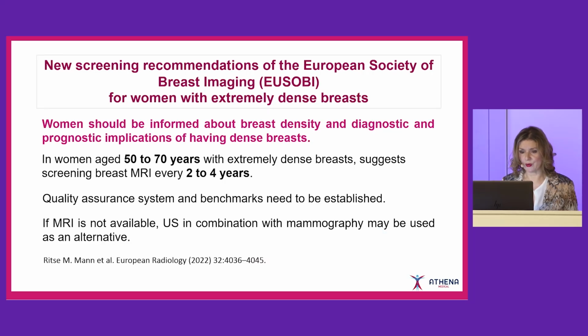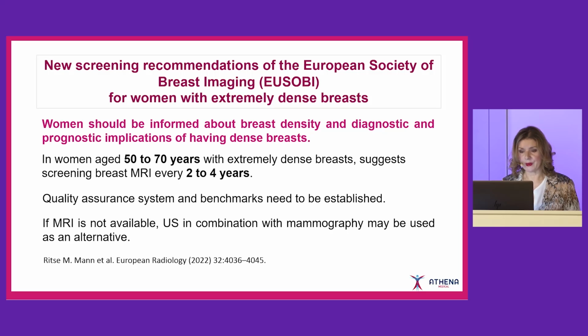Therefore, there were new screening recommendations that came out by USOBI, suggesting that in women that have extremely dense breasts, and they're between the ages of 50 and 70 years old, a screening MRI should be performed every 2 to 4 years.